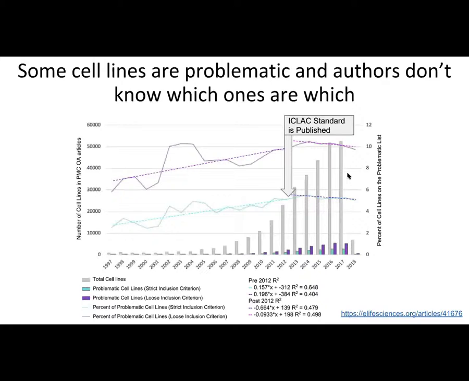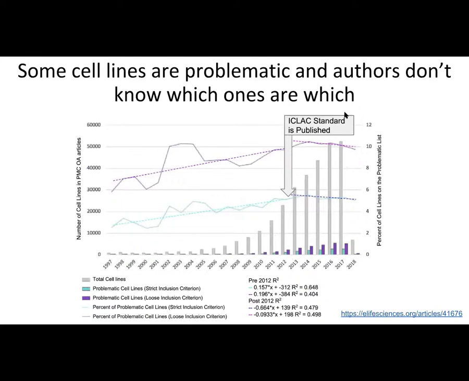So the raw cell lines themselves have this kind of a distribution. And about 5 to 10% of them actually match one of these problematic cell lines that are listed by ICLAC. Now, ICLAC published a lot of papers.